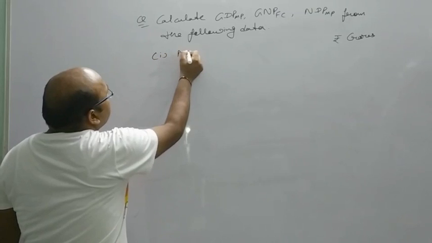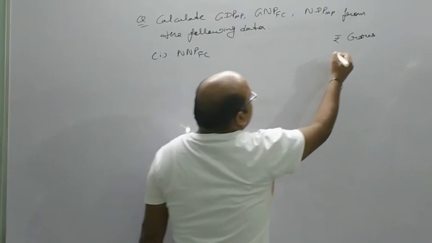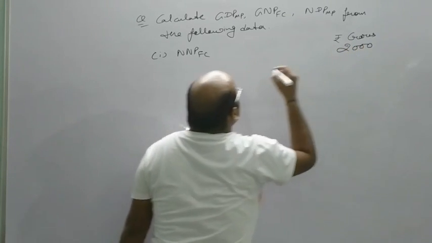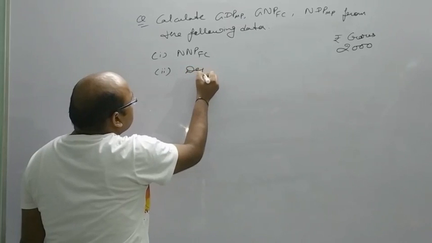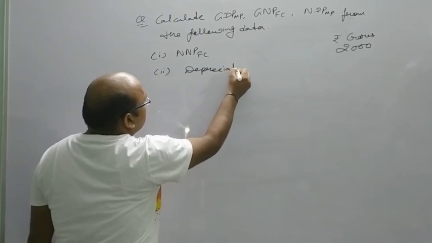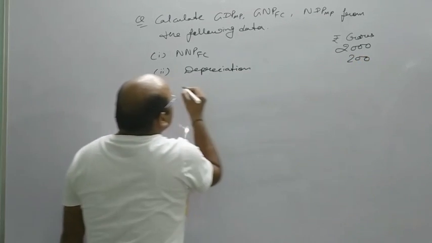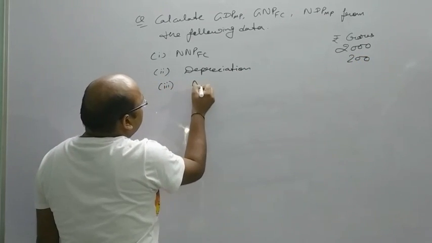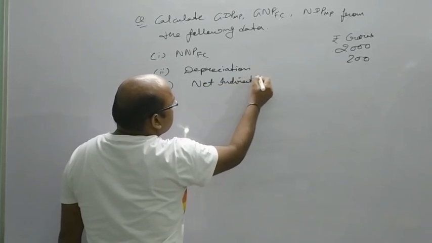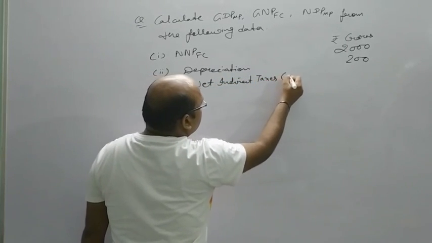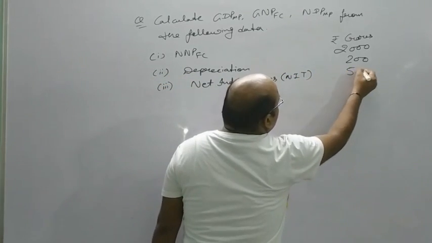First, NNPFC is 2000. Second, depreciation is 200. Third, NIT, net indirect taxes, which is 50.